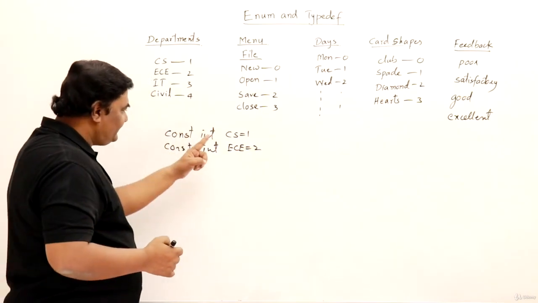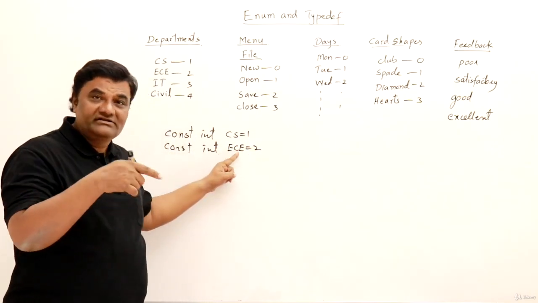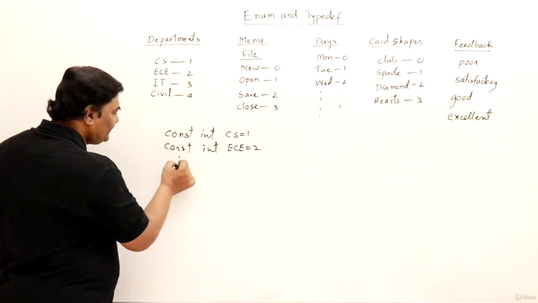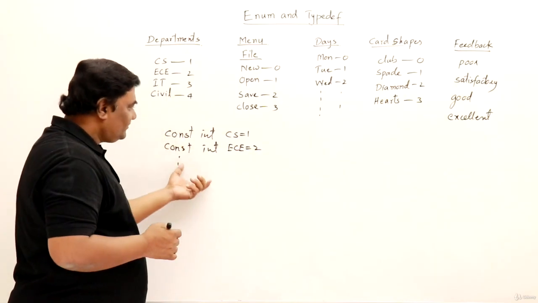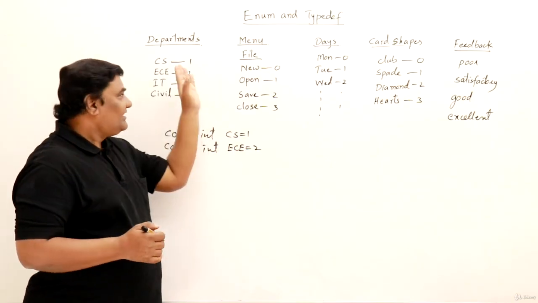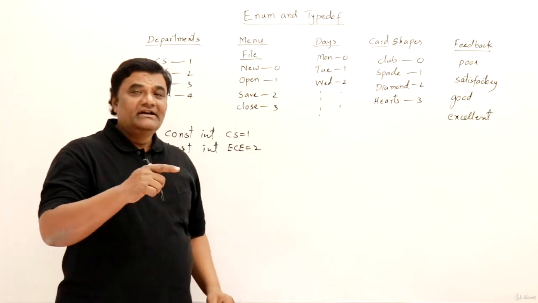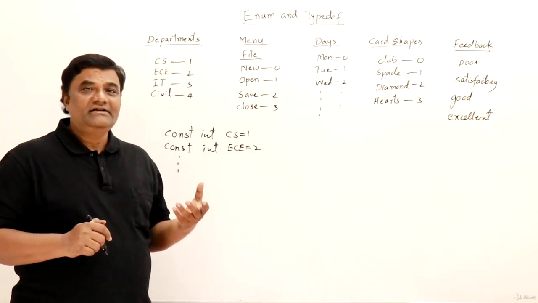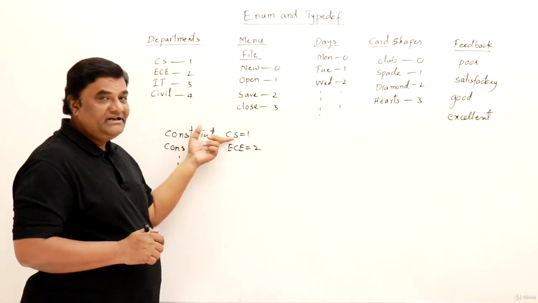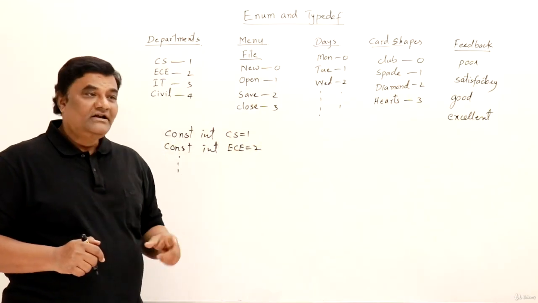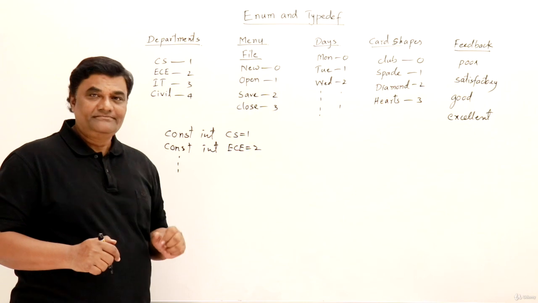Now whenever you say ECE, it's not a string, it's a constant, the value 2. Like this for the other two also. If there are 4, I can define 4 constants. If there are 10, I can define 10 such constants. In our application, wherever we write CSE, it should mean 1. A code is there for it. So it's not a string now, it's a code.